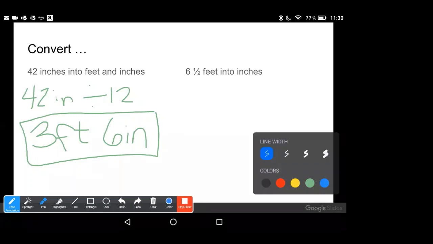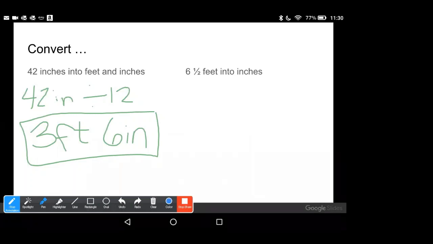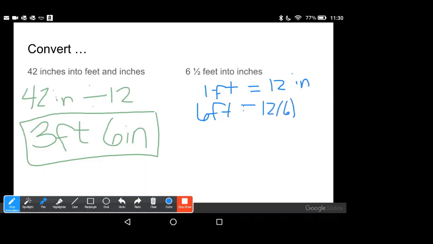Okay, let's change my color. 6.5 feet into inches. So I know that 1 foot has 12 inches. So for 6 feet, I would take 12 times 6, which is equal to 72 inches.